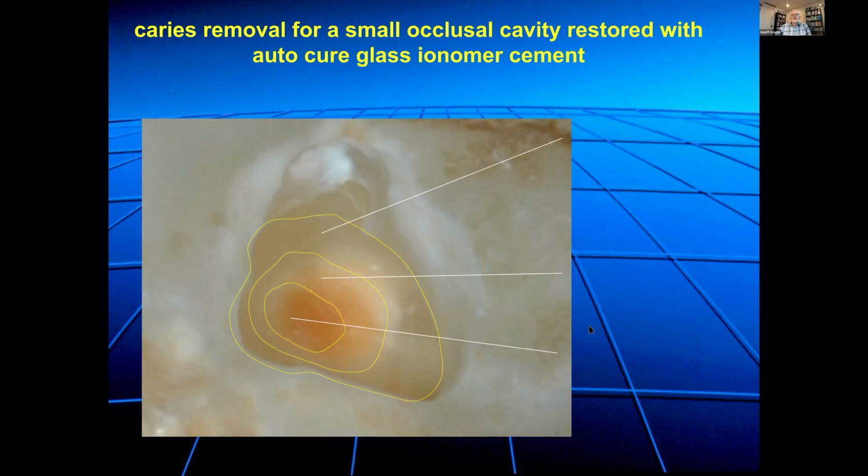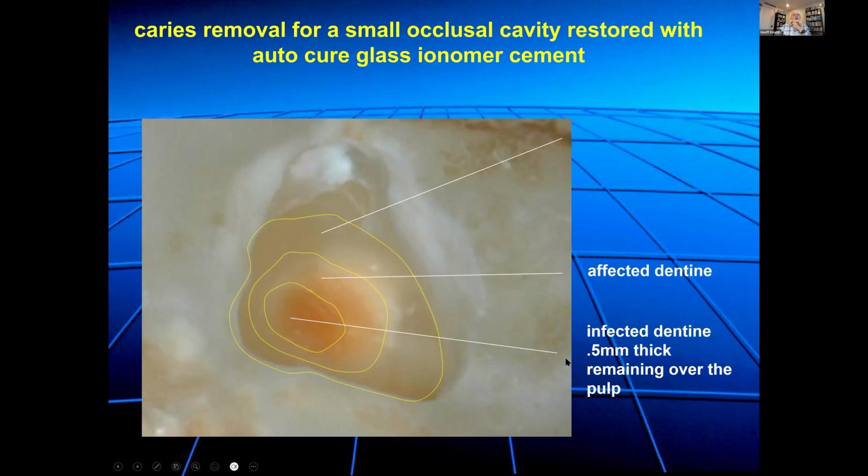Here you've got the infected dentine, and I've left about 5 millimeters thick just over the deep part of the cavity of the pulp. Then I've got the affected dentine ring around there, and you see my peripheral seal, which is my insurance policy to make sure we're not going to get any leakage.